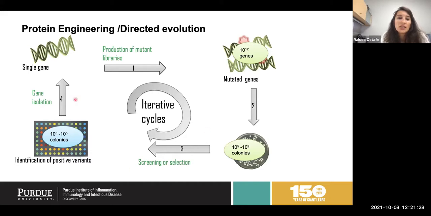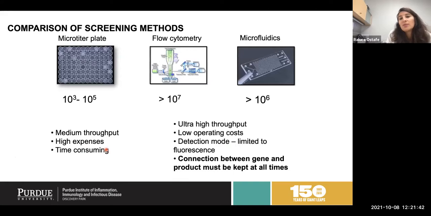But as you can see, most of the diversity is lost because all the screening methods that are available cannot process typically more than 10 to the power of 5 colonies. But still, most groups and all directed evolution approaches are highly based on microtiter plate methods.